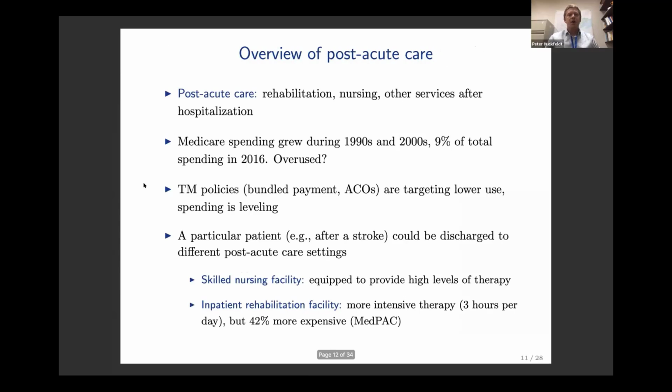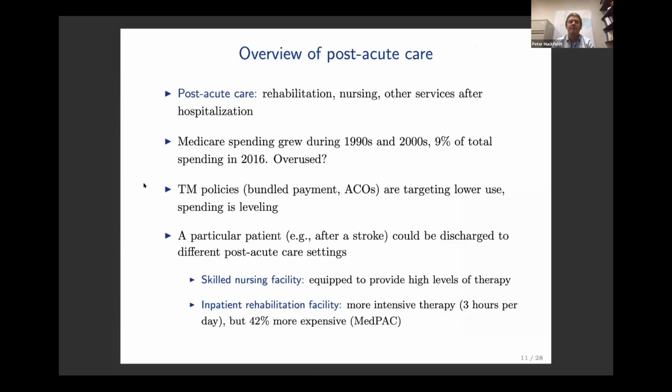Okay, so I want to give a quick overview of post-acute care. This is rehab, nursing, and other services after a hospitalization. Medicare spending on post-acute care really exploded during the 1990s and 2000s, and in 2016, this was 9% of total Medicare spending.